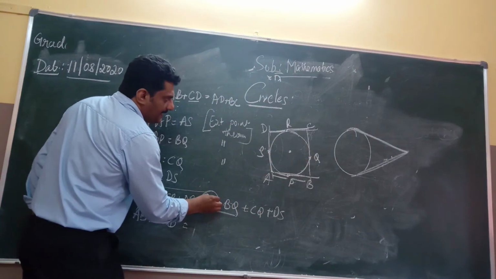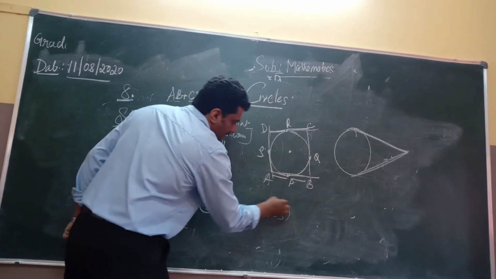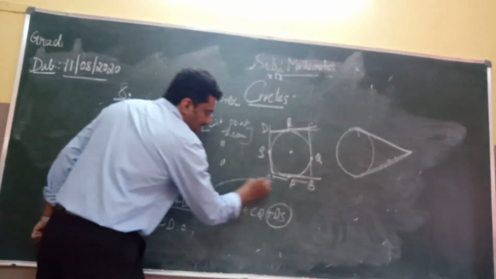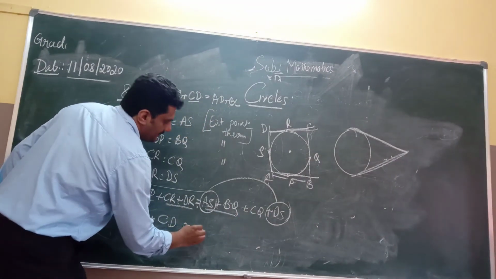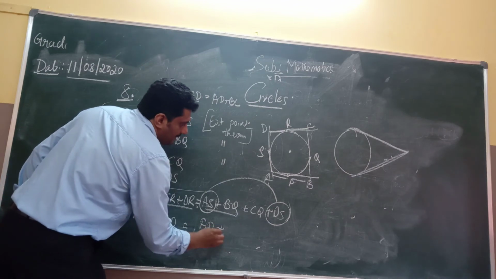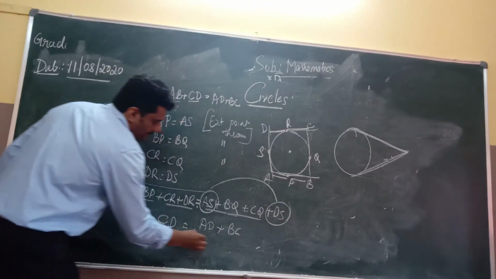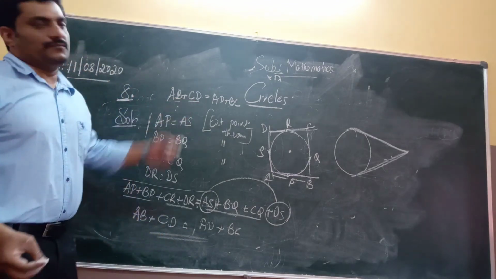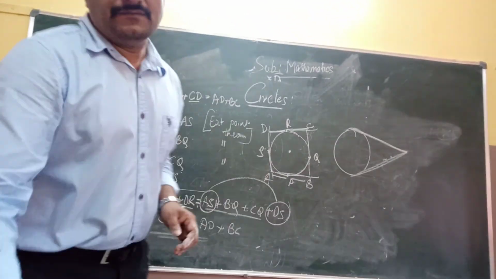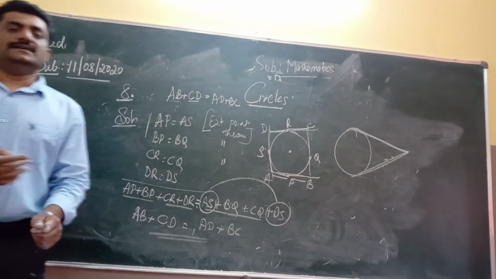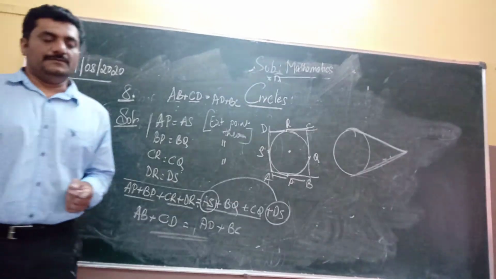Now you take AS and DS together, I can write AD. And these together, I can write BC. This is what we have done. Okay, this is about the 8th problem.